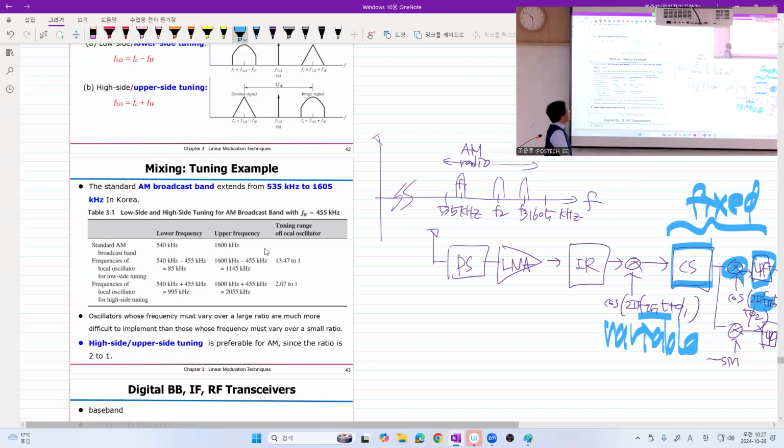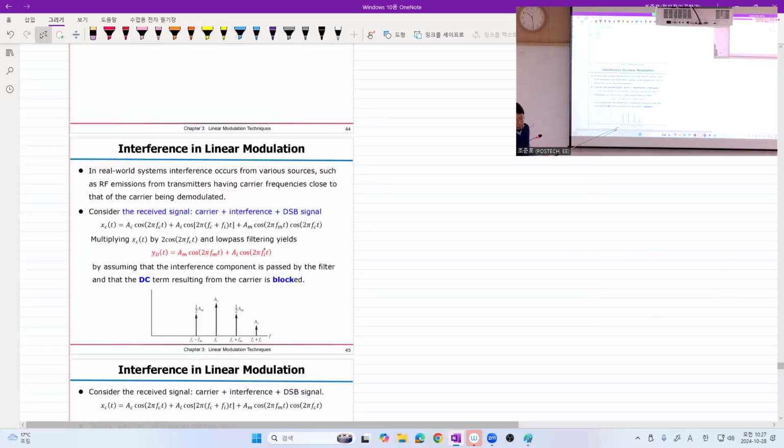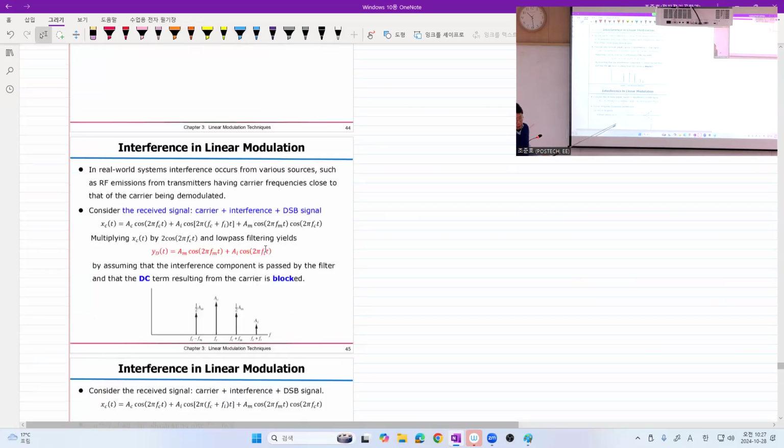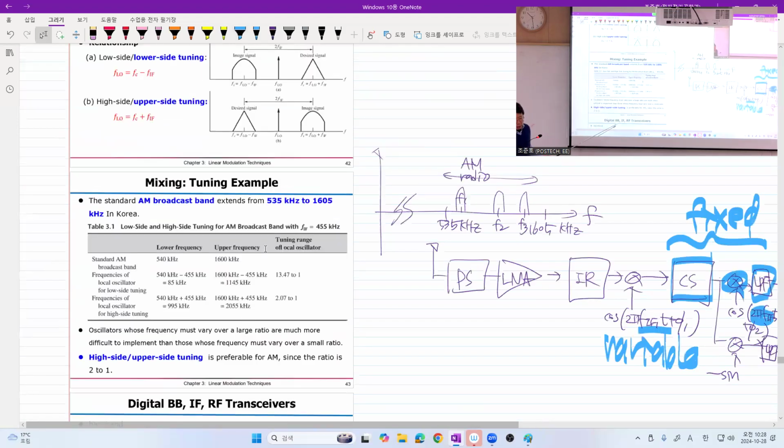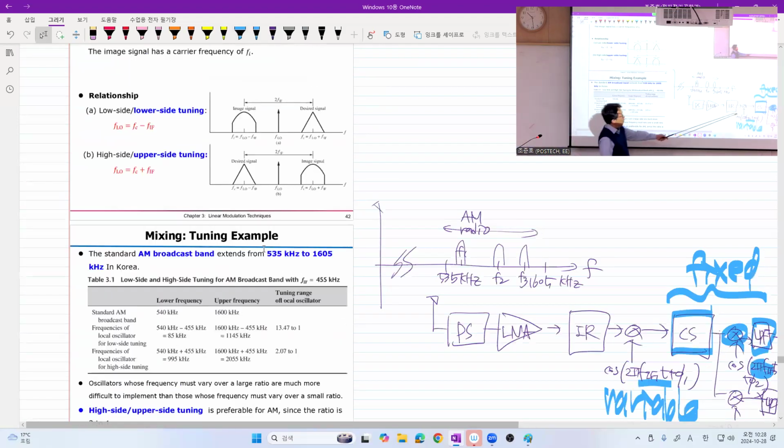Got it? So here goes an example. And you read it, okay? The idea of superheterodyne is to fix this second stage filters and mixers.